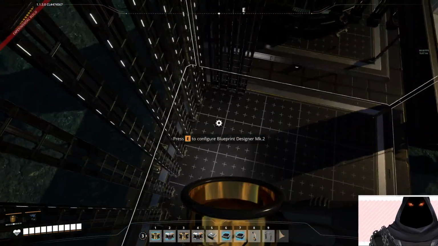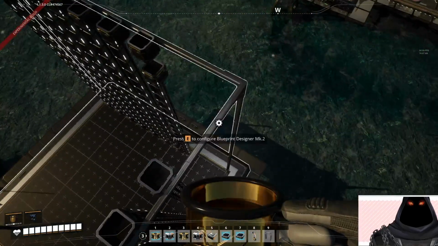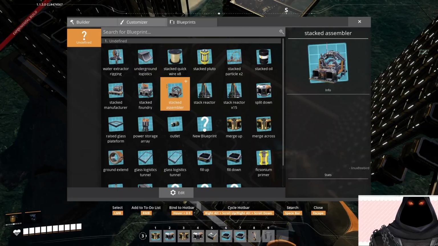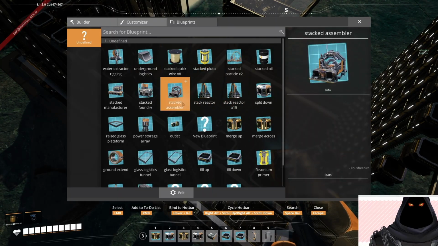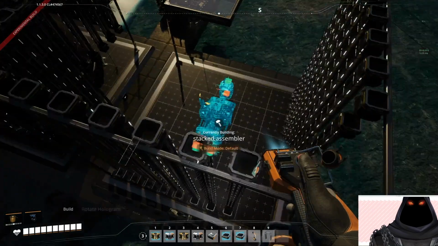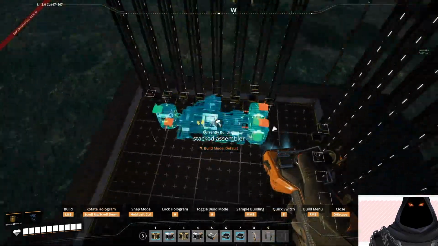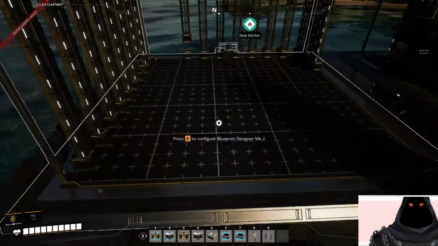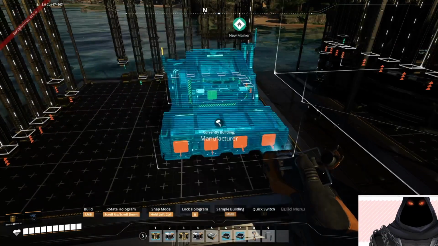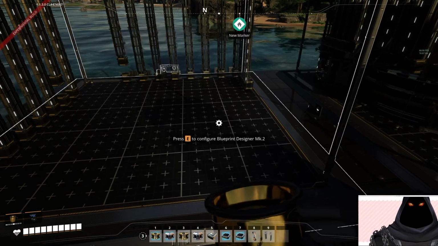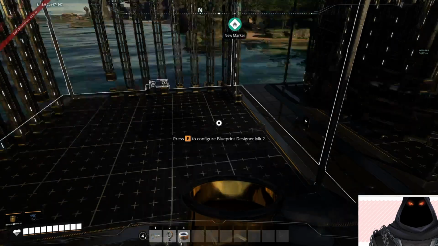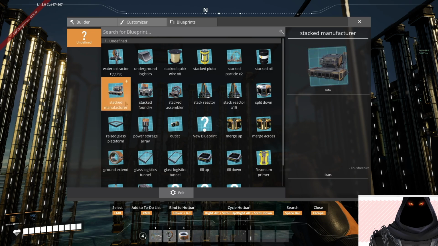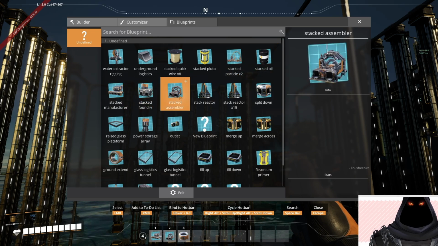Is that it? Alright, so we're going to double check to make sure that I can actually fit all this in here. So I think, yeah, we should probably do the assembler, because I don't know if we can fit. I don't know if I can fit. This, and we need this, okay.